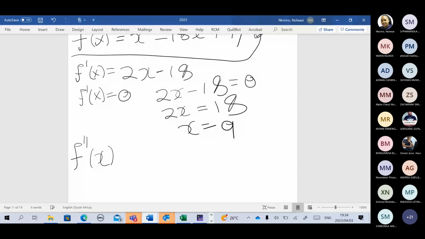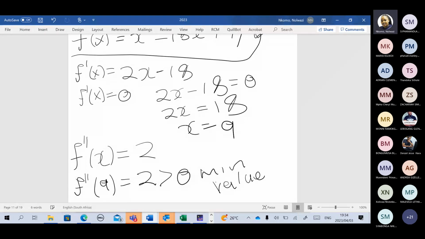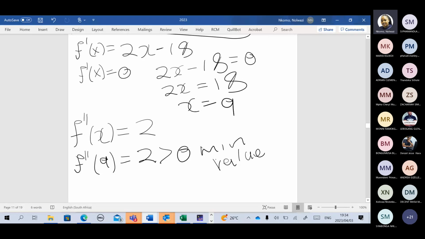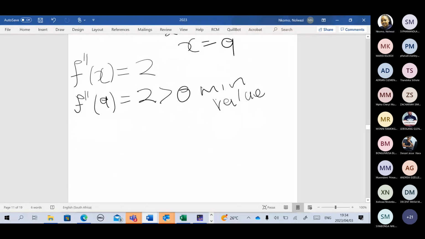Okay. Second derivative, just 2. Okay? We only have one stationary point, right? Okay.